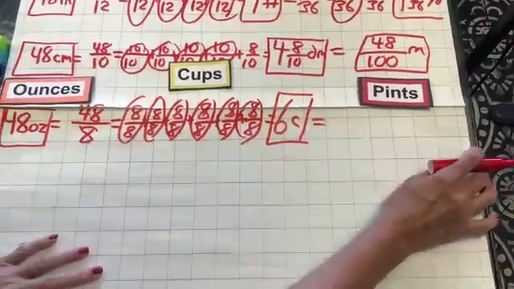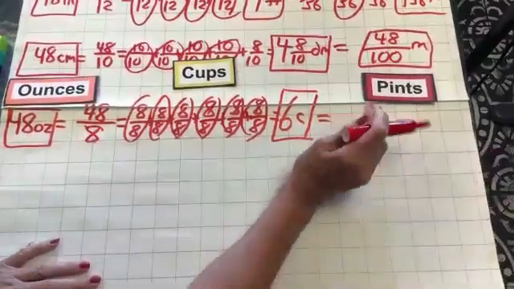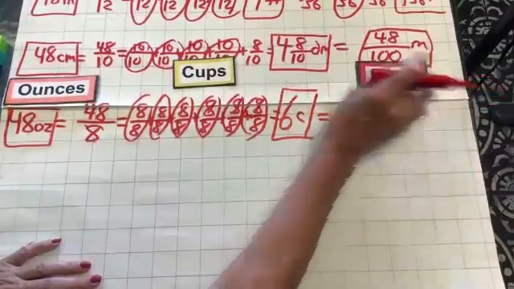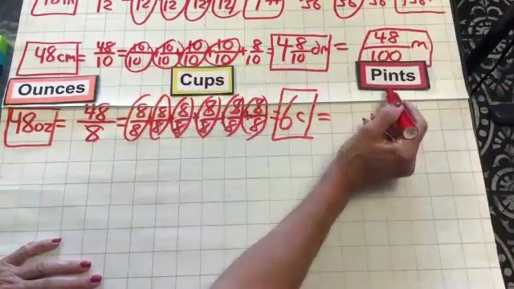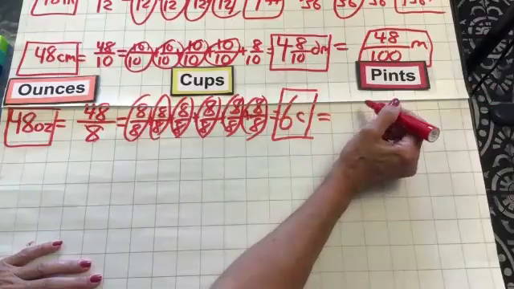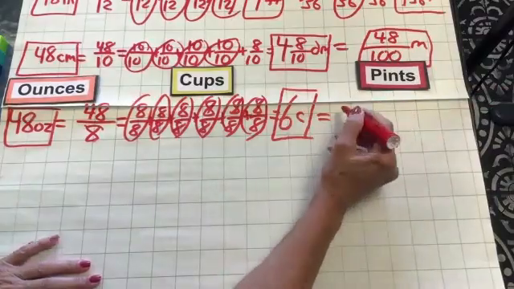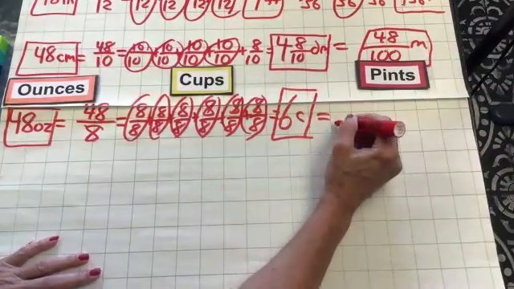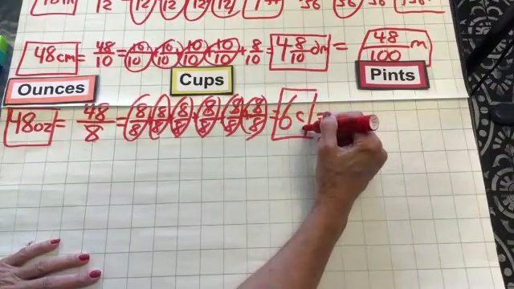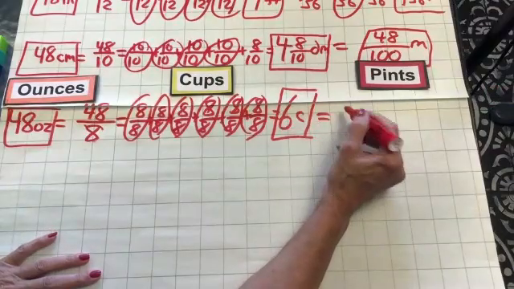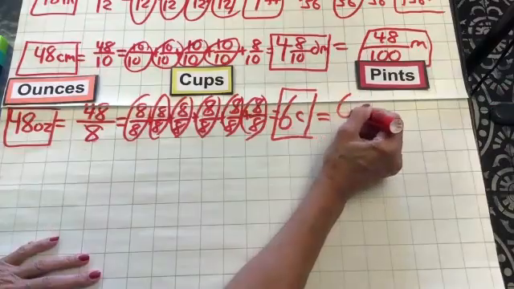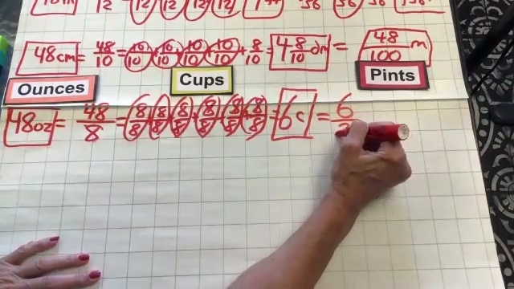Now let's go over here and let's just think about this. So pints equal 2 cups. So we're going to break this down a little different today. So we're going to say, well, it takes 2 cups.